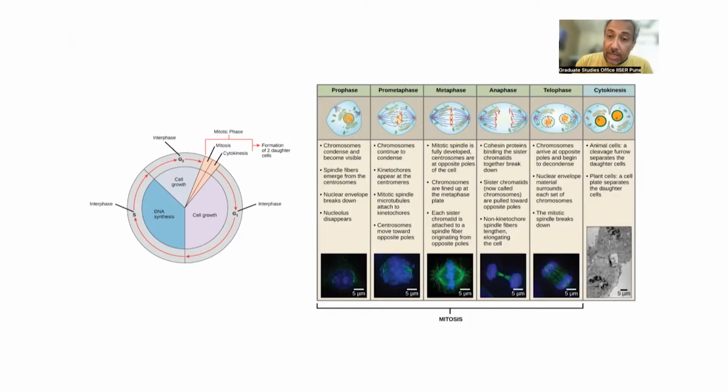What is interesting at this point when you think about the changes is many of the players that we are going to talk about, you now have a fair sense of how they are put together, right? Whether it be the nucleus that opens up, whether it be the DNA that is condensed into chromosomes, whether it be the centrioles that have to go apart and now microtubule strands have to attach to the chromosomes and pull them apart.